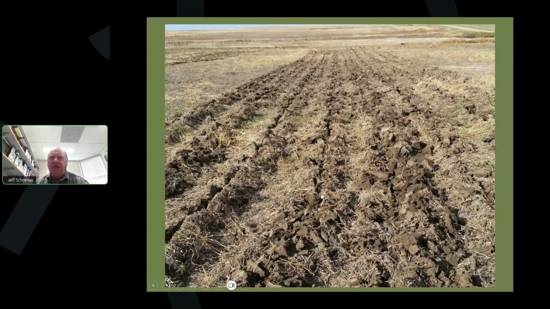And there you can see that lifting action of that foot at the bottom producing that type of seed bed left behind. Not too bad, but I think that probably explains why we saw, where you subsoiled where you didn't need it, in a non-compacted area, there was a trend towards a slightly lower yield.